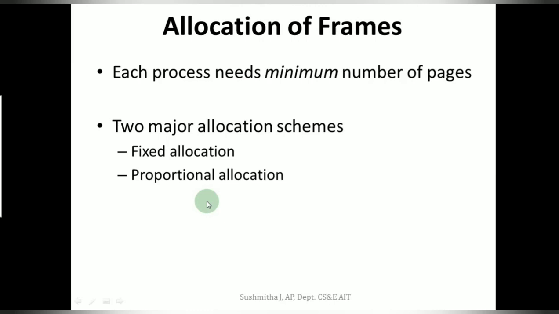Let me reframe it: process 1 gets 5 frames, process 2 gets 10 frames and process 3 gets 20 frames. So what I am trying to depict here is, in proportional allocation, depending on the size of the process, the allocation of the frames shall be decided.